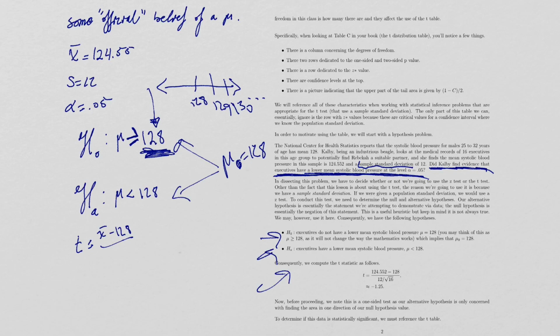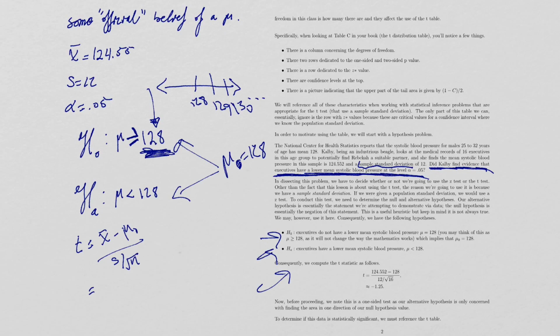We get our x bar, we get our s, we get our n. We have this x bar minus mu naught over s over root n, okay?